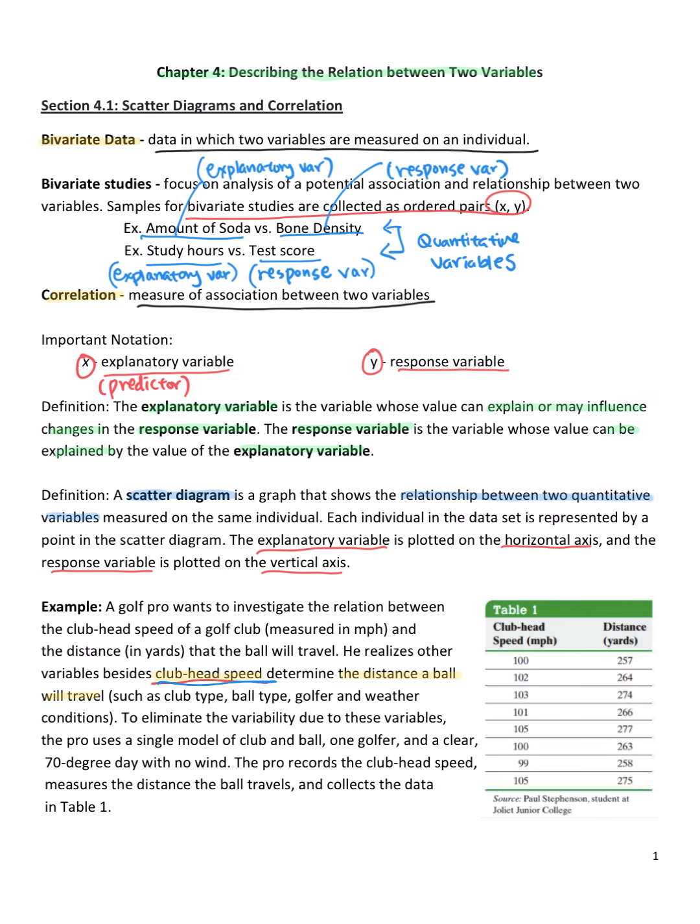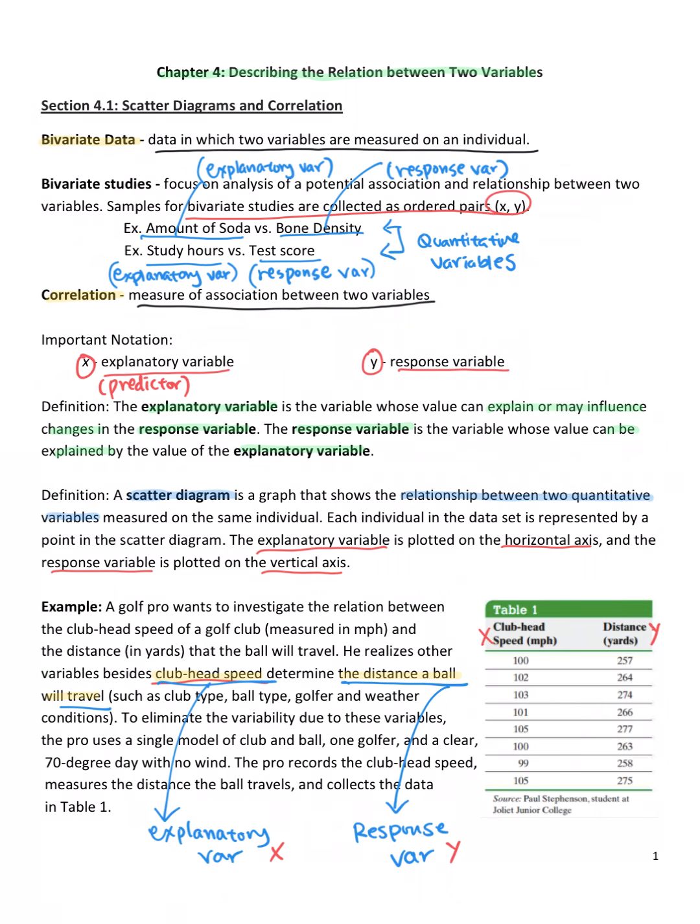This will be the explanatory variable, and the distance a ball travels will be the response variable. So this will be X and this will be Y. Let's take a look at this table here. Club head speed data is on the left, so that will be X, and then distance will be Y.